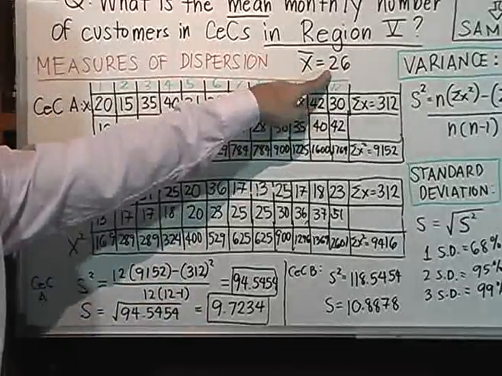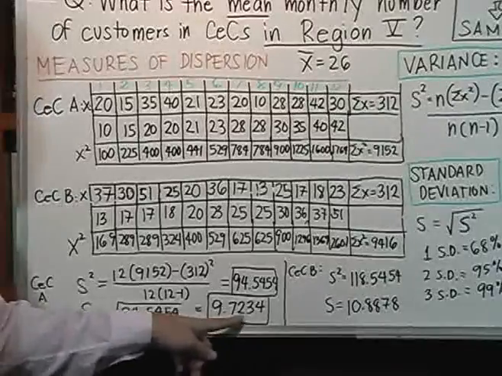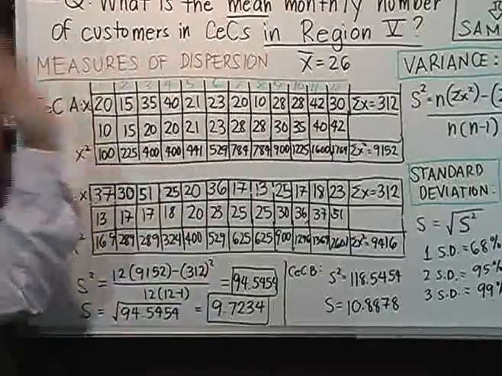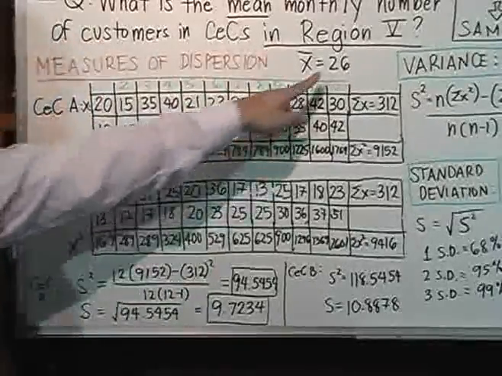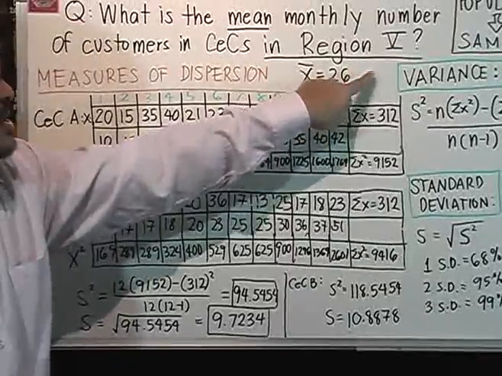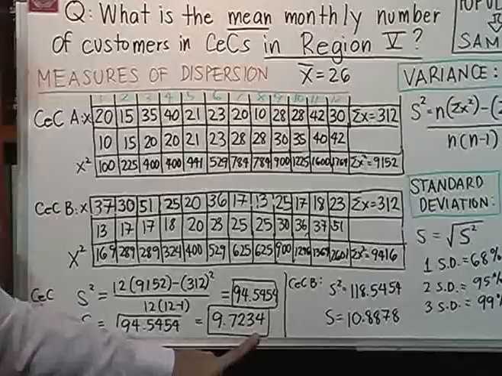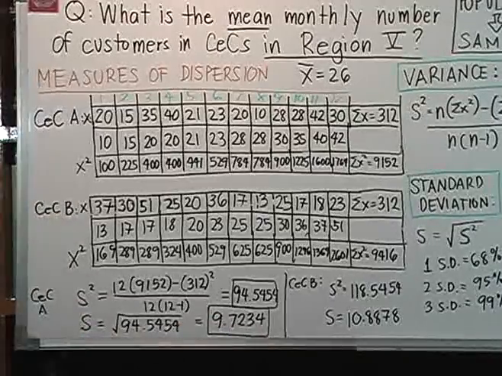The mean is 26, but there's a standard deviation of 9.7234 customers in the different months. So that's going to be 26 plus or minus 9.7234 customers. That's the standard deviation for CECA.